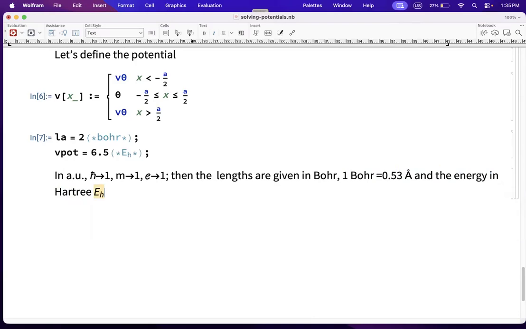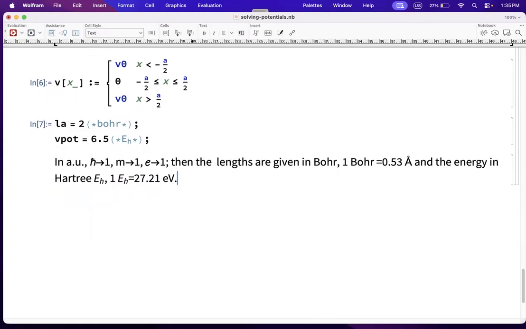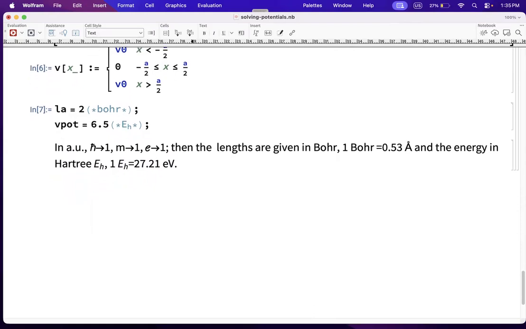Just in case, the conversion: one Hartree is equal to 27.21 electron volts. So this is just a note here.